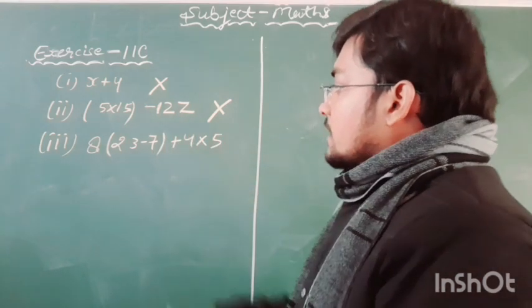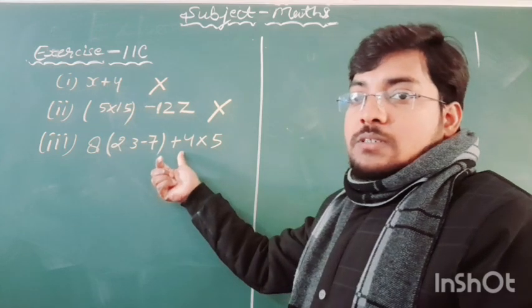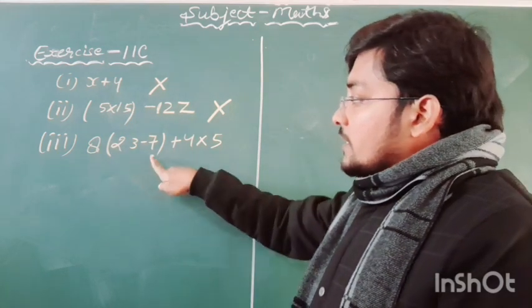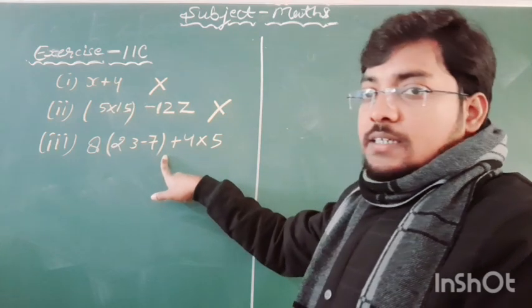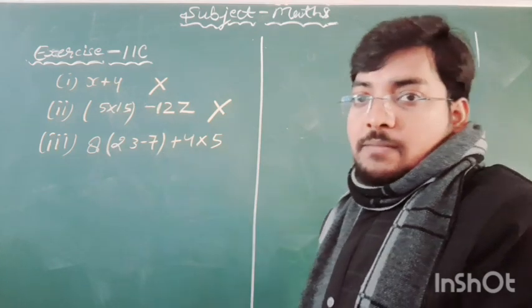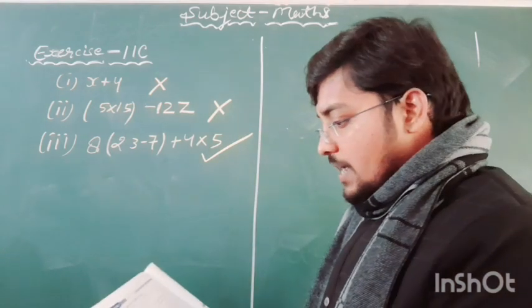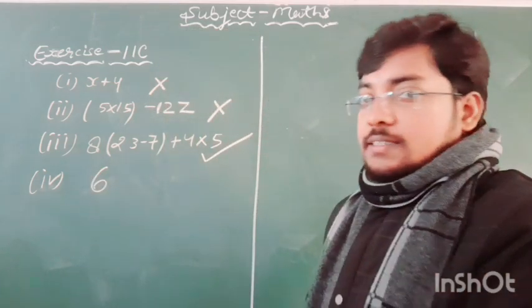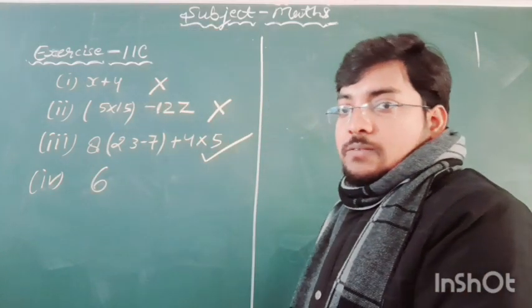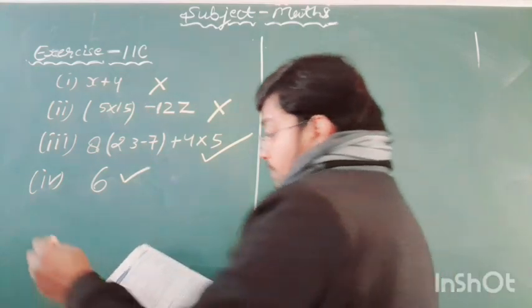In this expression only numerical values are used, so it is the required answer. And fourth is 6, and 6 is also a numerical value, so it is the required expression.